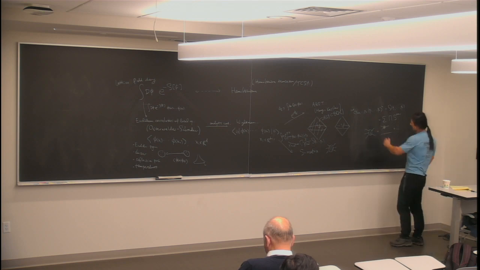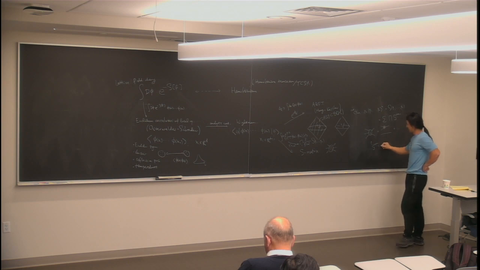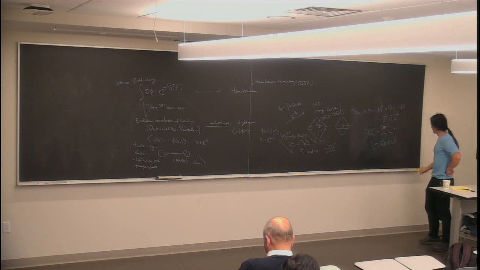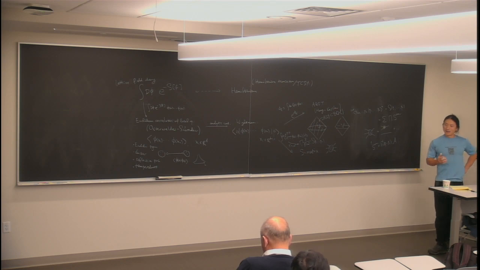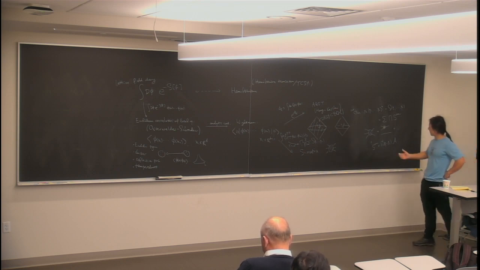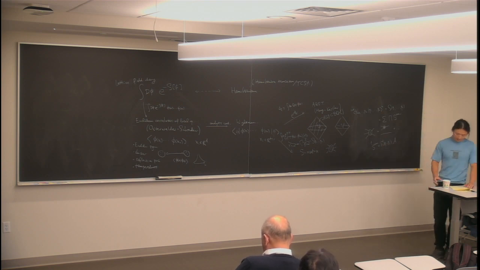Now, each of these connected parts of the S matrix is supposed to be some delta function that imposes momentum conservation times some amplitude, which is going to have some nice analytic properties in the kinematic invariants built out of the momenta.